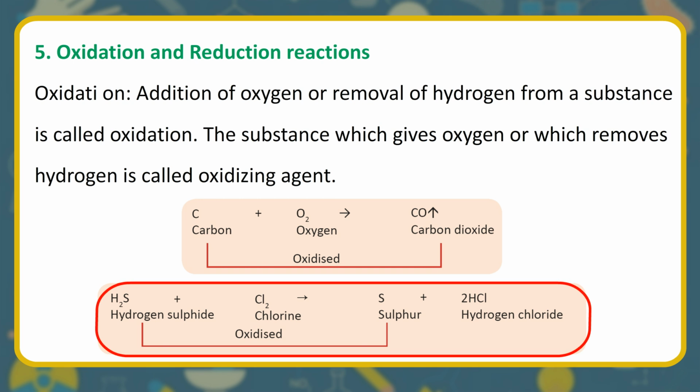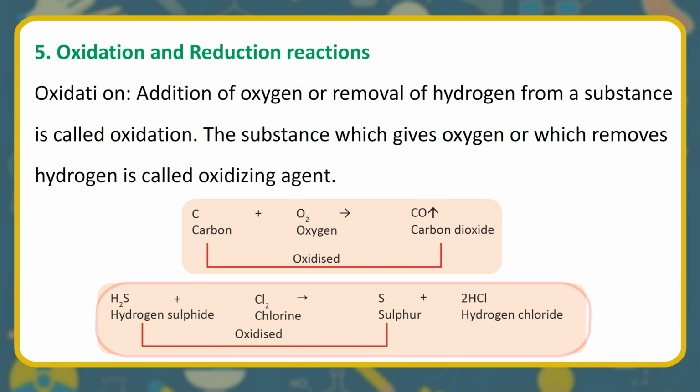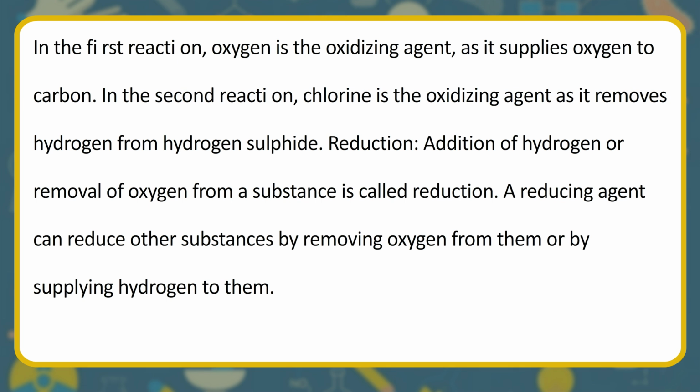H2S, hydrogen sulfide, plus Cl2, chlorine, oxidized, gives S, sulfur, plus 2HCl, hydrogen chloride. In the first reaction, oxygen is the oxidizing agent, as it supplies oxygen to carbon. In the second reaction, chlorine is the oxidizing agent as it removes hydrogen from hydrogen sulfide.